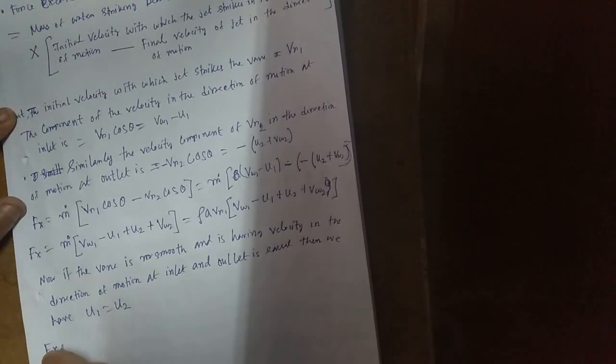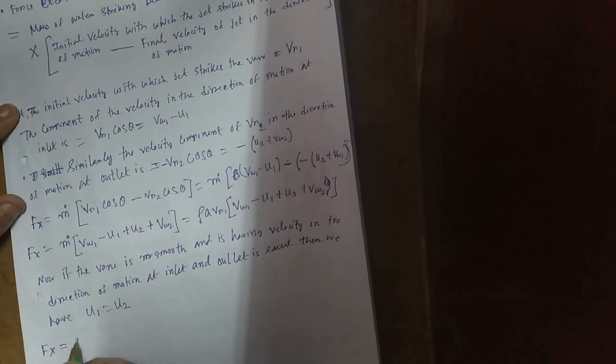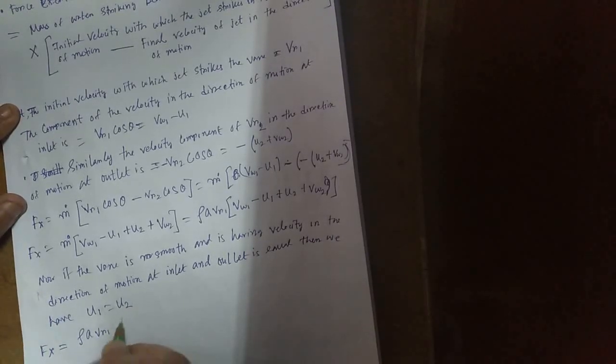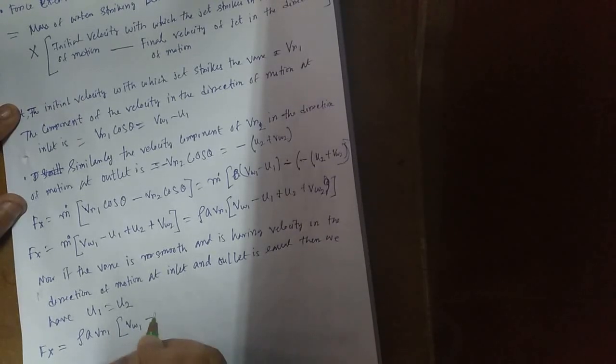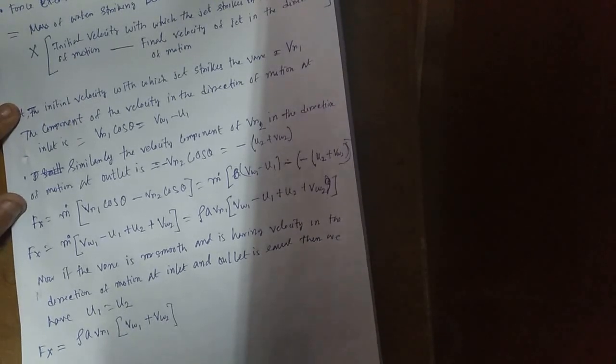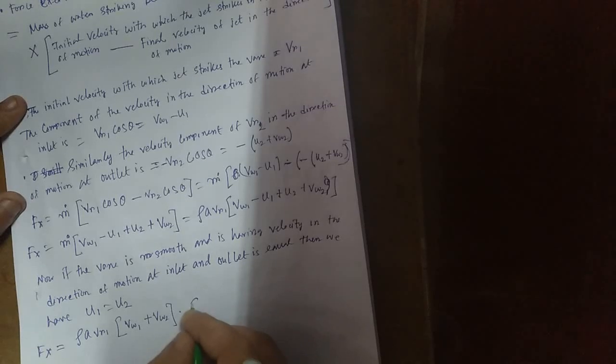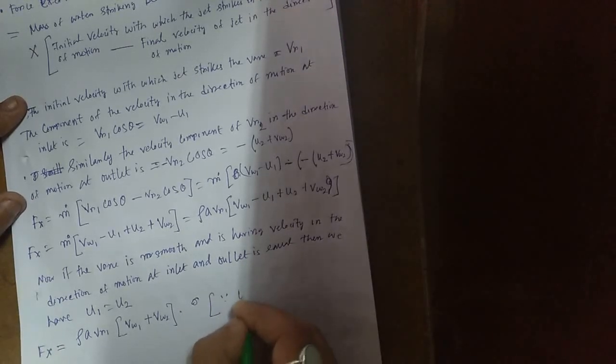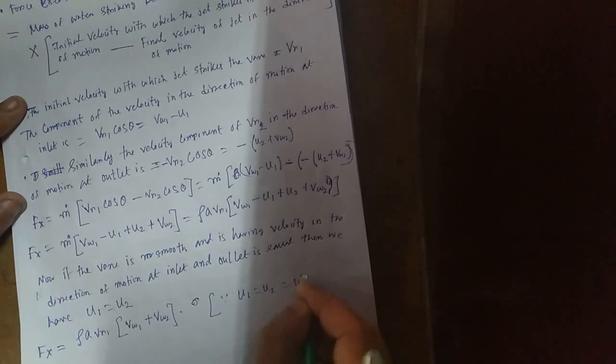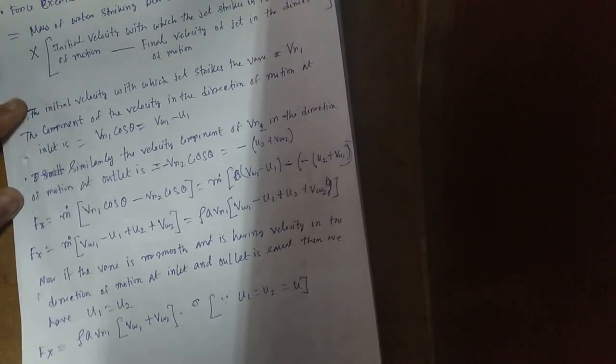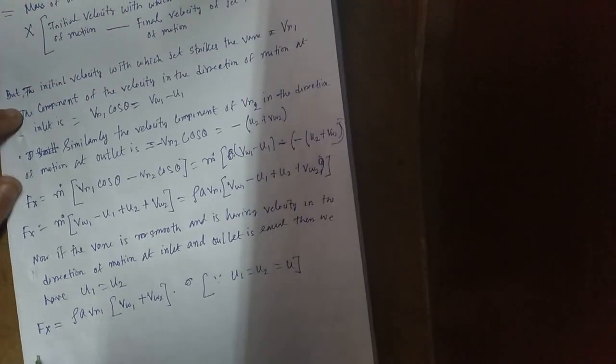So Fx we can write as rho A VR1 into VW1 plus VW2, as U1 is equal to U2 equal to U.